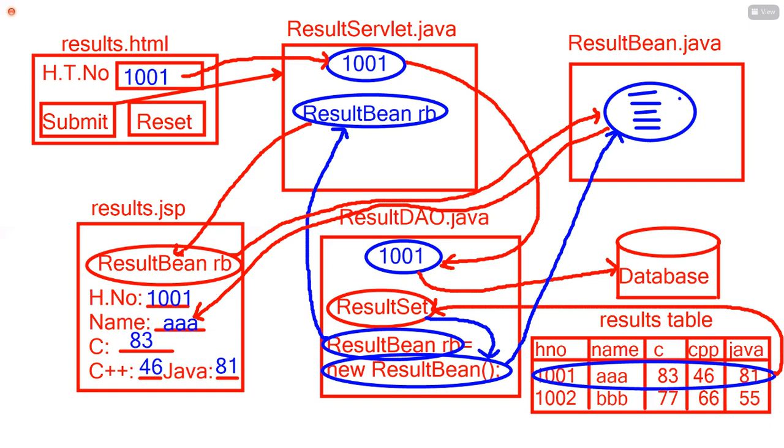Here only data will be there. That's where the setter and getter methods come in. This is the setters, this is the getters. This is nothing but setter methods, and this is nothing but getter methods. With getter methods we will retrieve. This is the use of the Java Bean. You observe the getter methods.